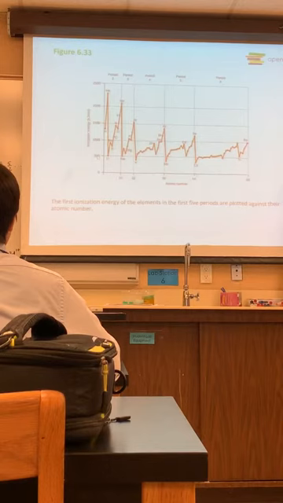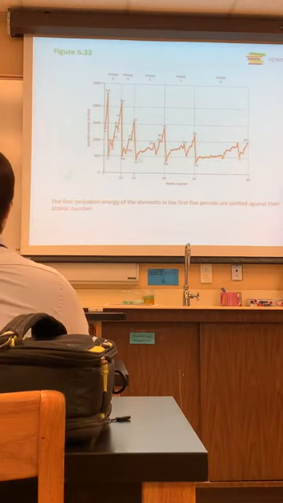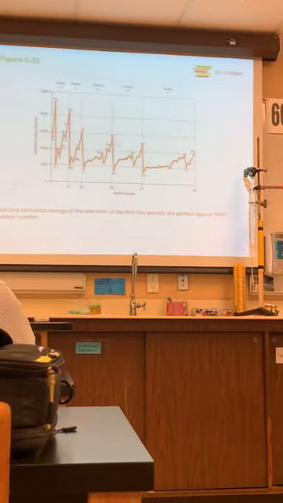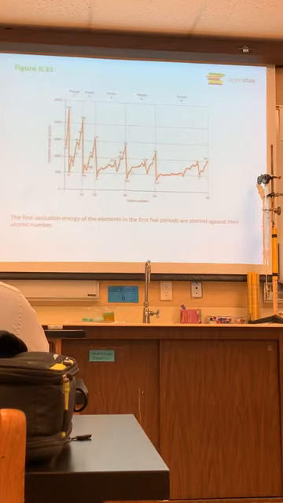All right, so again we get a pattern. Notice that instead of a peak and then a gradual decrease, we get a gradual increase and then a sharp drop off. We get an increase to a peak and then a sharp drop off. And notice where the peaks happen.